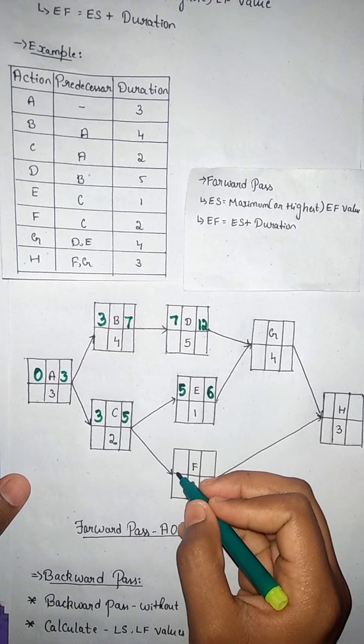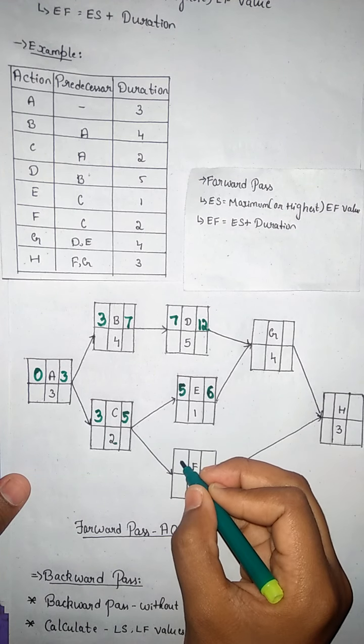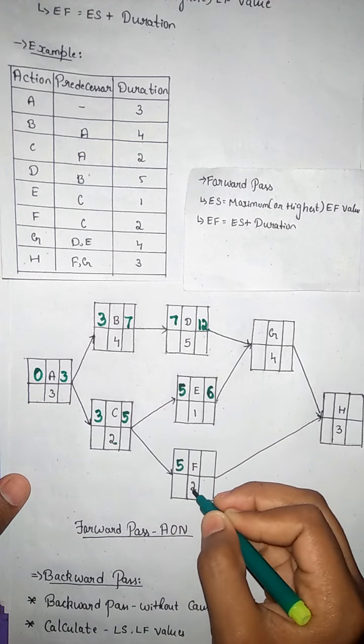For F, the early start value will be 5. 5 plus 2 will be 7.